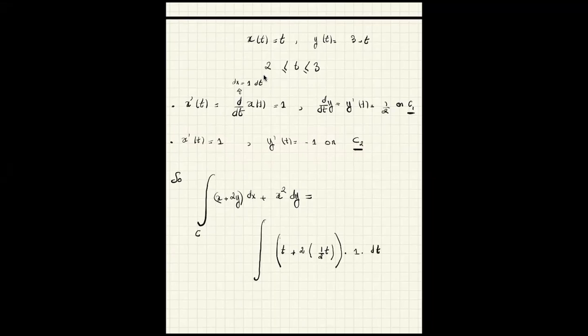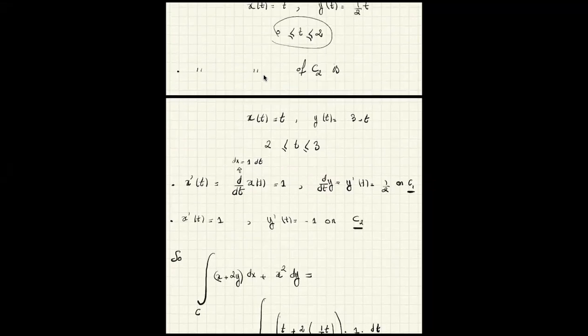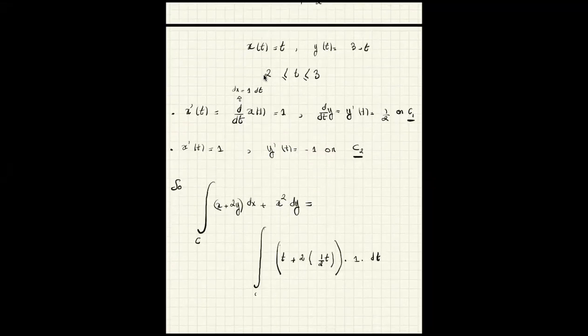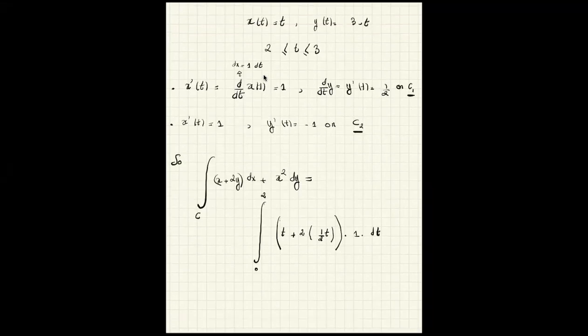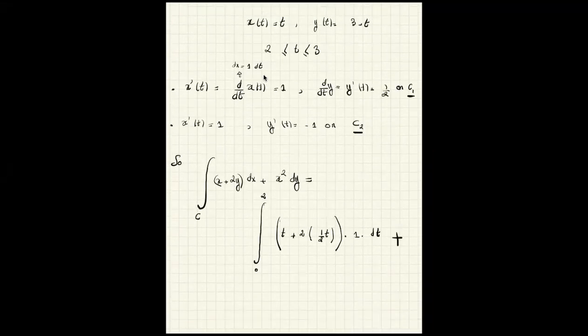Now I am on C1, and C1 is t between 0 and 2. So I'll go from 0 to 2. Plus, I do the exact same thing. Oh, no, we're not over, because we have to do also for x squared.